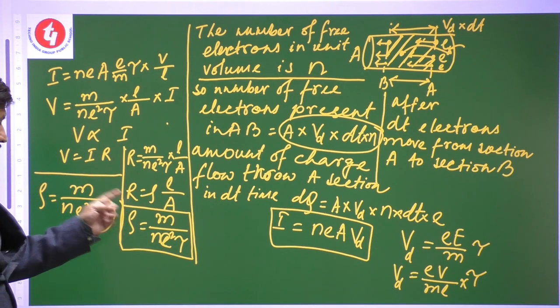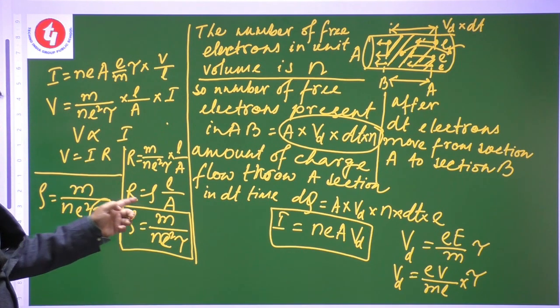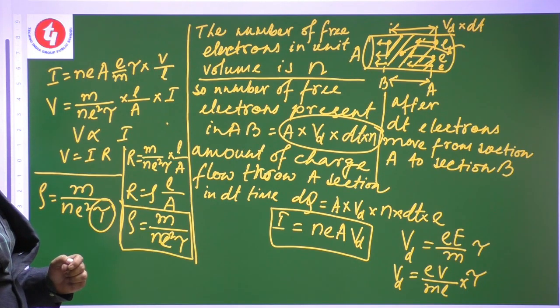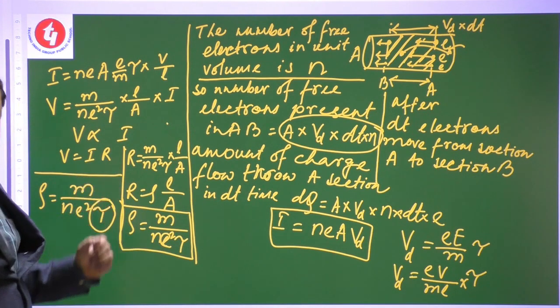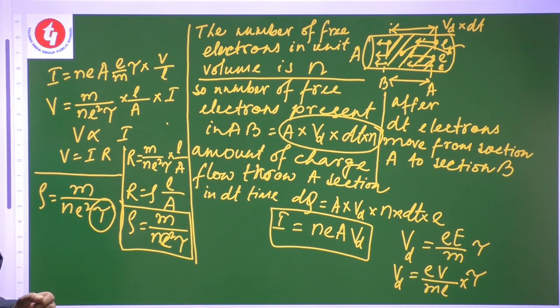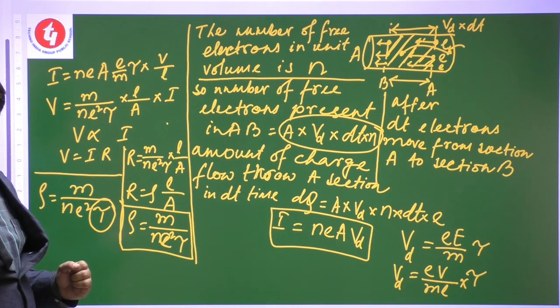Then another one is resistance. On which factors does resistance depend? Basically it depends on resistivity. That means resistivity depends on two factors, material and temperature, so resistance also depends on material and temperature. It also depends on length and area of cross section.